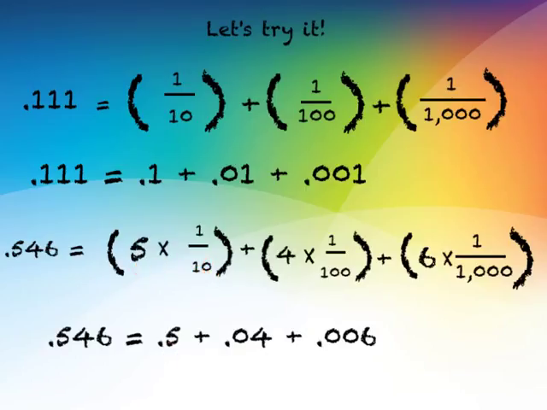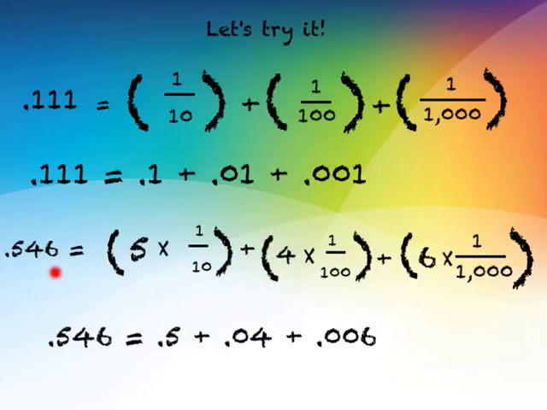So we have 5/10, which is 5 times 1/10, plus the 4, and that's in the hundredths place, so we multiply it by 1 over 100. So the 4 right here is represented by 4 times 1/100th. And then we need to add the last place right here, 0.006.